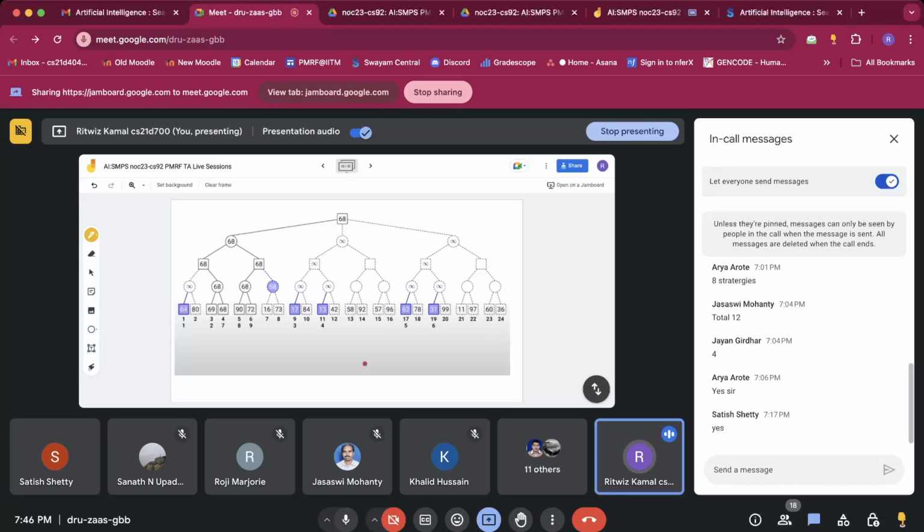The moment one of the min nodes is being solved, we can immediately say that its parent max node has also been solved. Like I said, why that is so, for that I would refer you to the lecture videos. It's a property of the method.